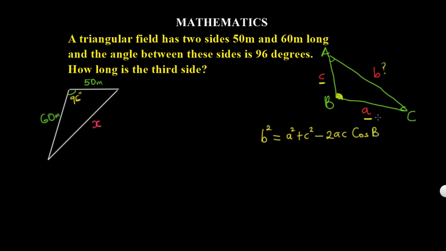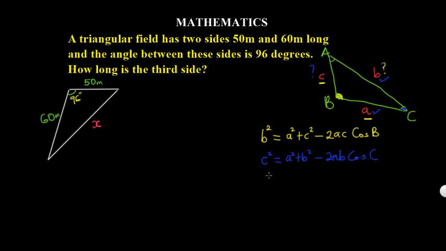You can also write it if you are given side b, side a and the angle C. How do you get side c? c squared is equal to a squared plus b squared minus 2ab cos C.